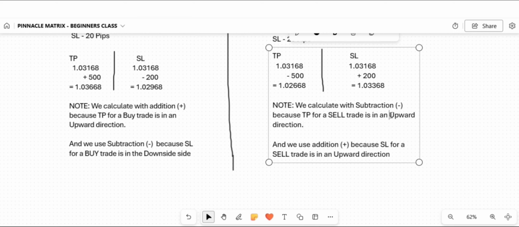This is for a downward direction, guys. Sorry, I made that mistake. So the TP for this is a downward direction, so we are using a subtraction. The stop loss for this is in the upward direction, so we are using a plus.